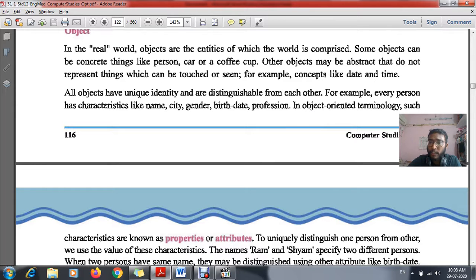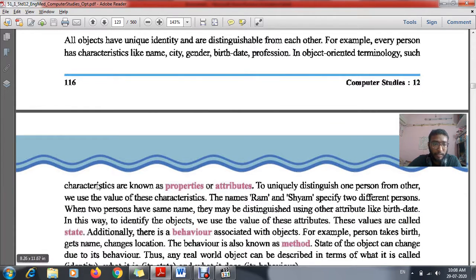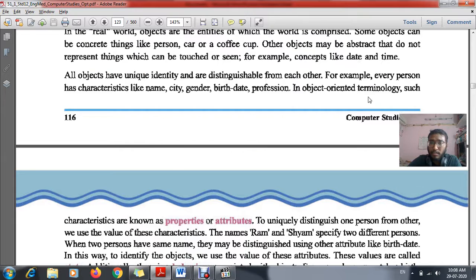In object oriented terminology, such characteristics, for example, every person has characteristics like name, city, gender, date of birth, profession. Such characteristics are known as your properties or attributes, which I have explained right now. You have to underline these things. Each and every person will be having a different attribute.